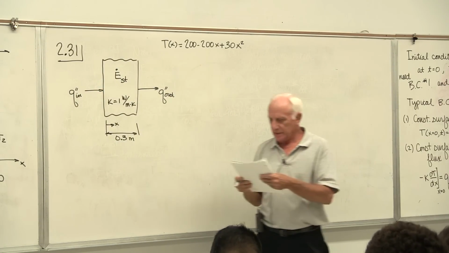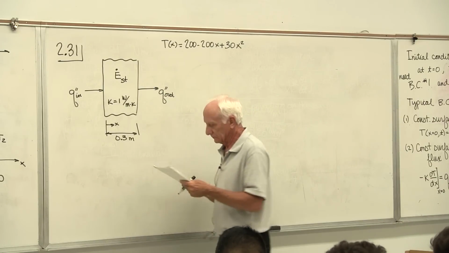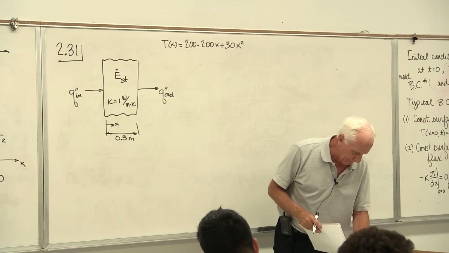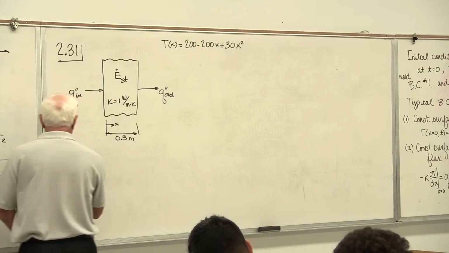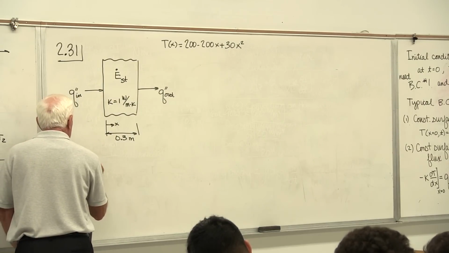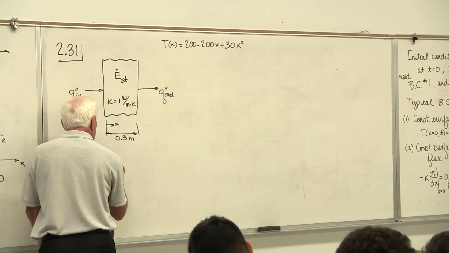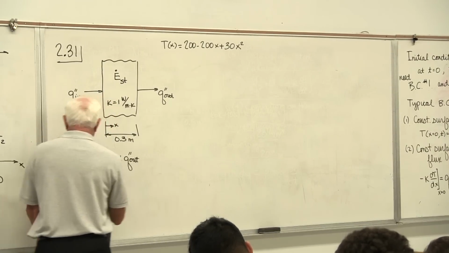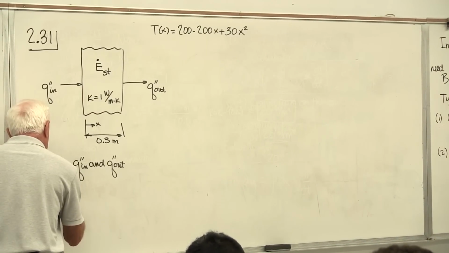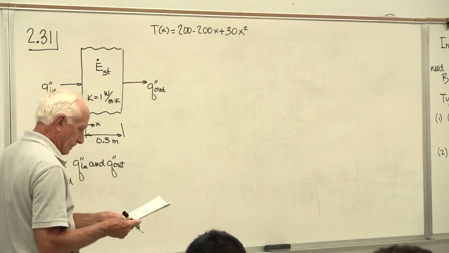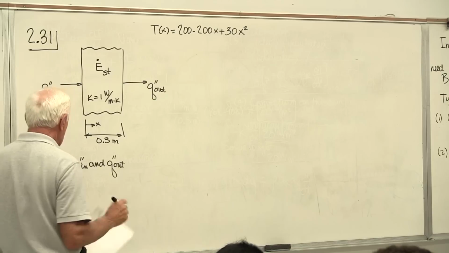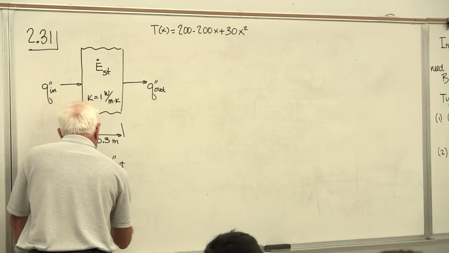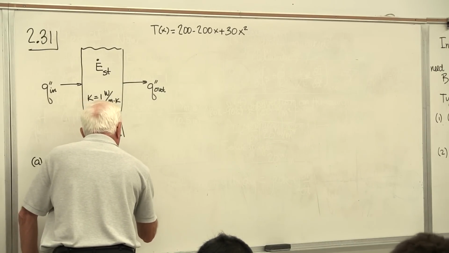Okay, determine the rate of heat transfer into and out of the wall. So part A: find q double prime in and q double prime out. And then find the rate of change of energy storage, E dot storage, per unit wall area.